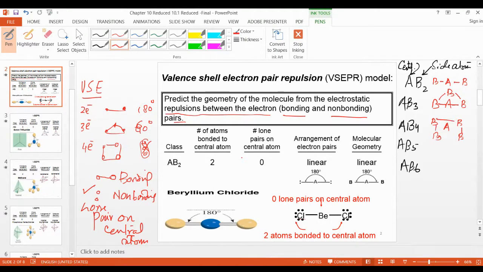This is a kind of square. AB4 type, AB5 type, AB6 type.